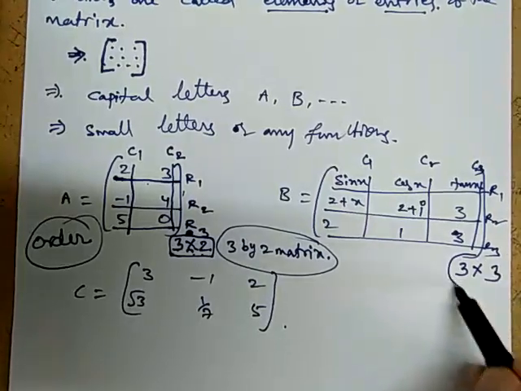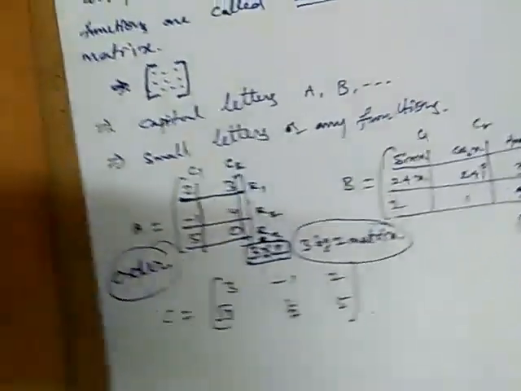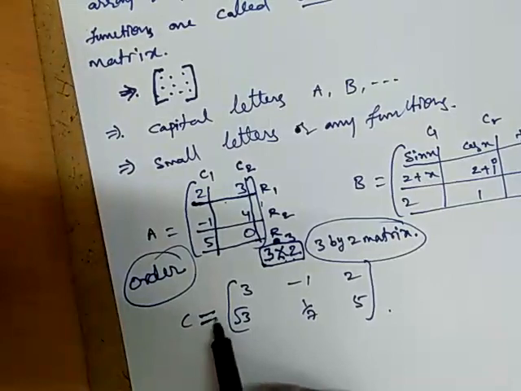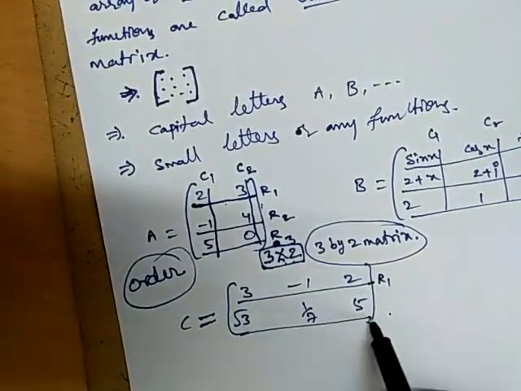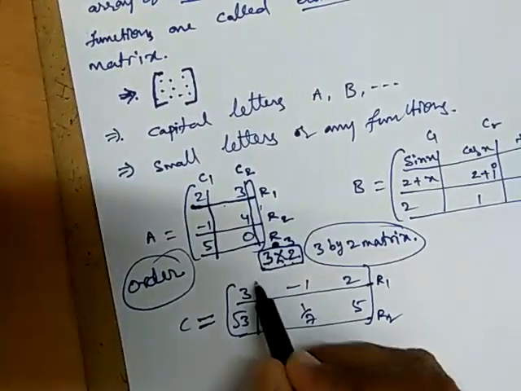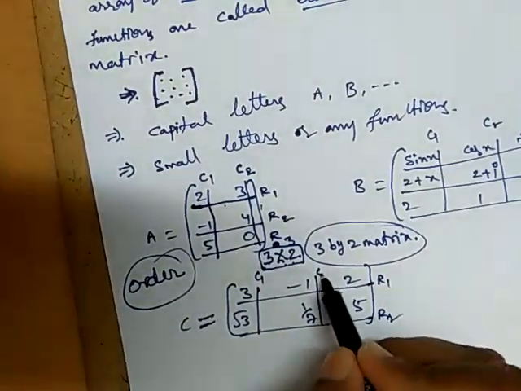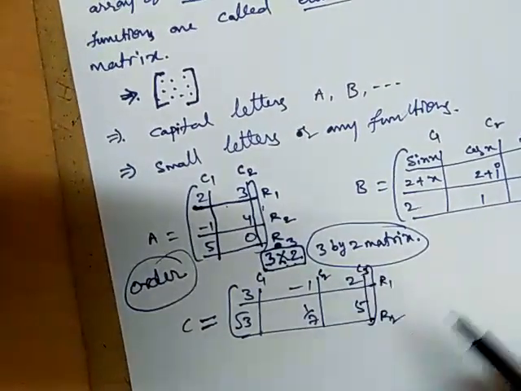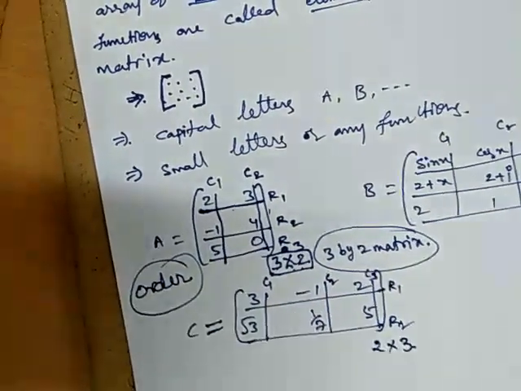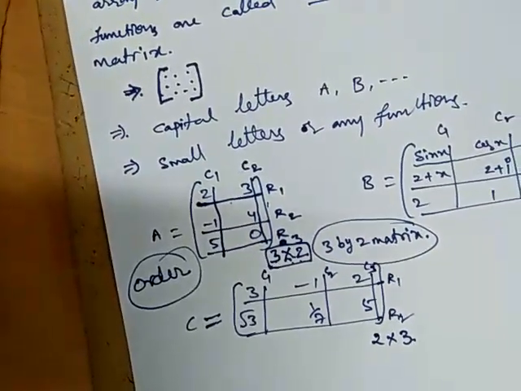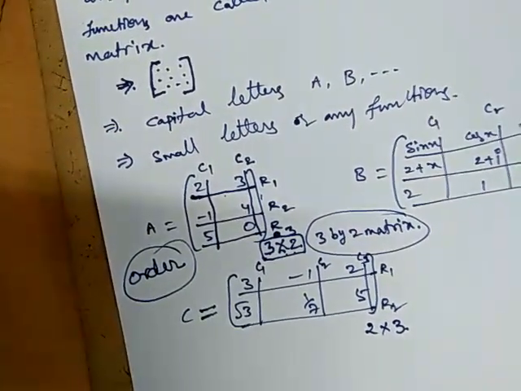So the matrix order is 3 by 3. For the other matrix: row 1, row 2, column 1, column 2, column 3, so the order of the matrix is 2 by 3.